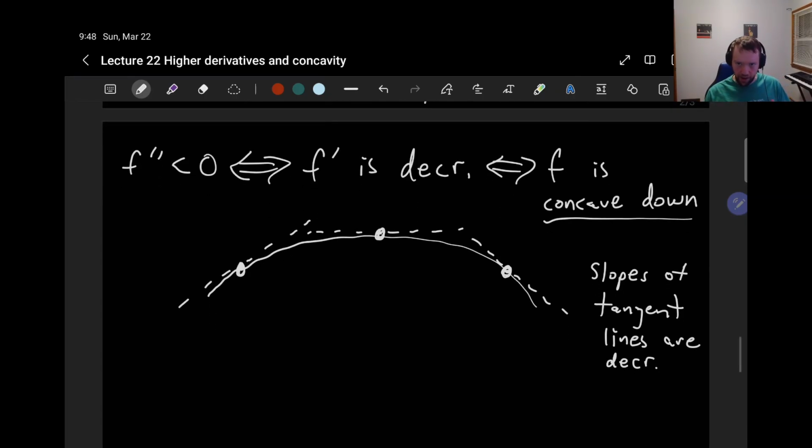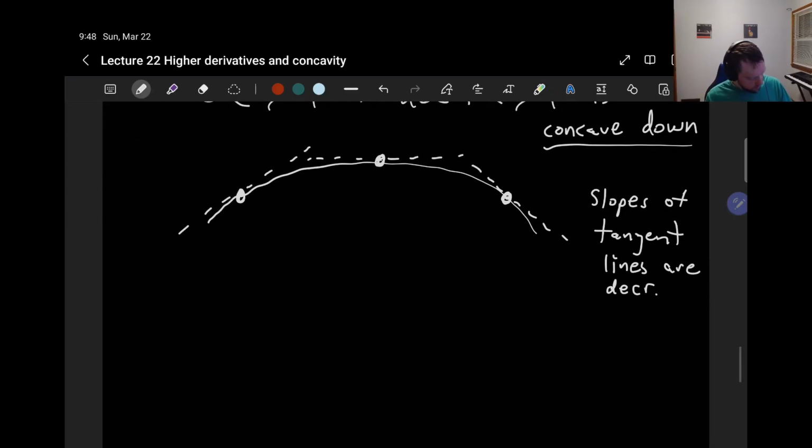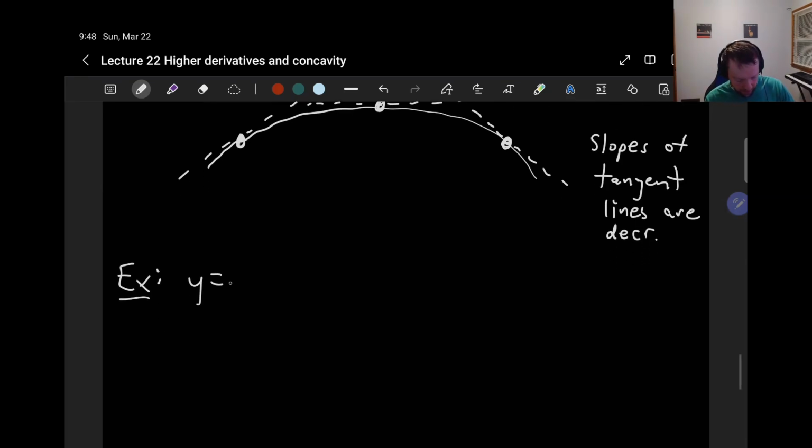So I'm going to do a graph problem. I want us to get familiar with what it looks like to see what's concave up versus what's concave down. So in this problem, we're not even going to take derivatives, but just look at a graph.